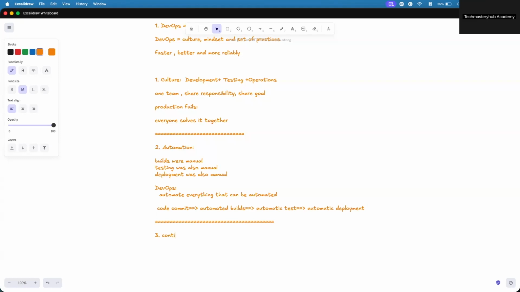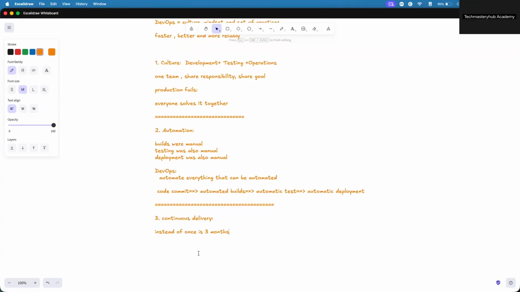Third is continuous delivery. So instead of releasing software once in 3 months, what DevOps says, DevOps will enable daily or even sometimes multiple releases in a day.